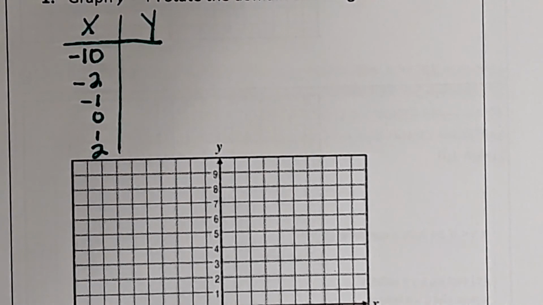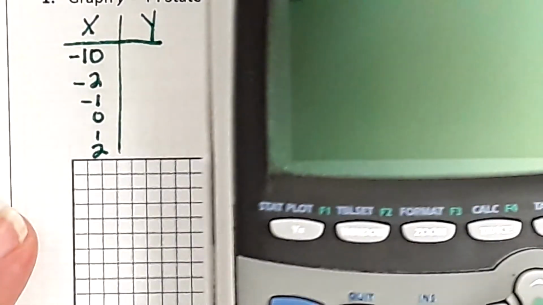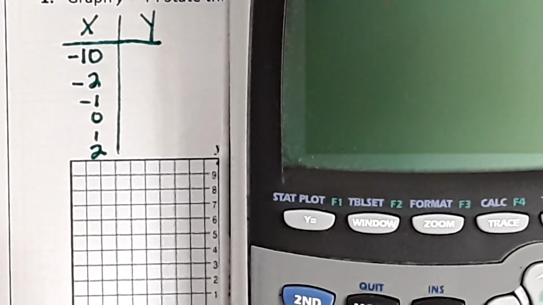If you're using one of my calculators, you do 4 y to the x, -10.